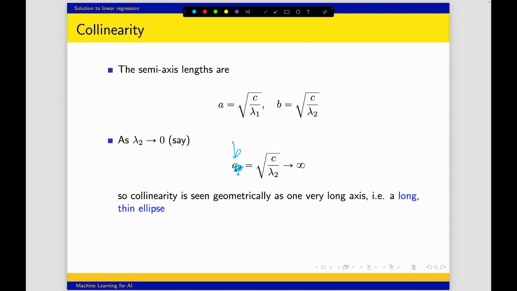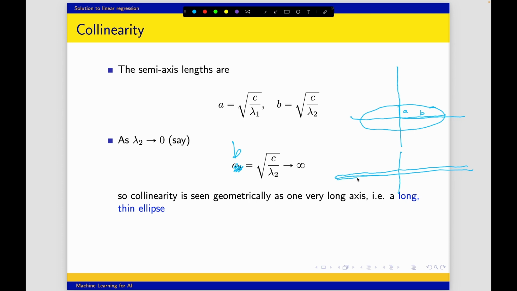So what does collinearity look like geometrically? Well, if in our transformed coordinates we draw our ellipse like this, if this is B, this length, and this is A, as B tends to infinity, this is going to become a very long, thin ellipse.